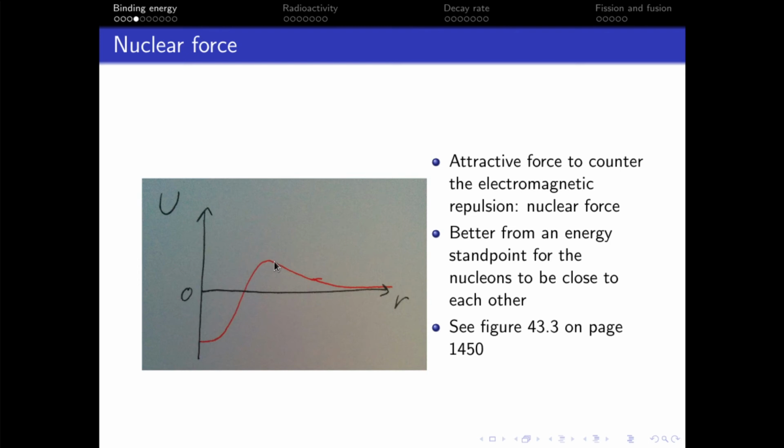But at some point, the nuclear force will start to get stronger and stronger until it is stronger than the repulsion, and it will be energetically viable for the nucleons to be close together. This will present what we'll call a binding energy, an energy that, as the name implies, binds the nucleons together.